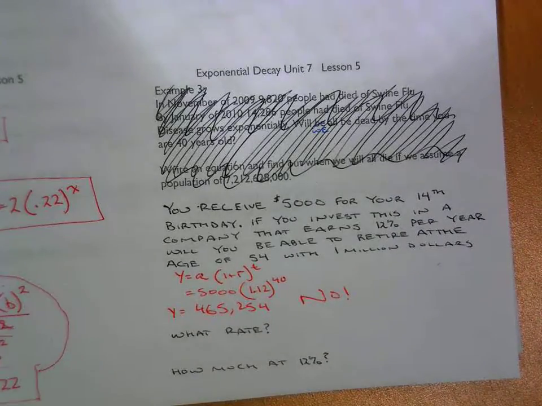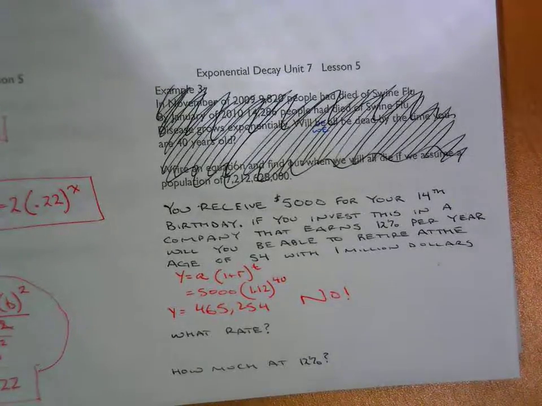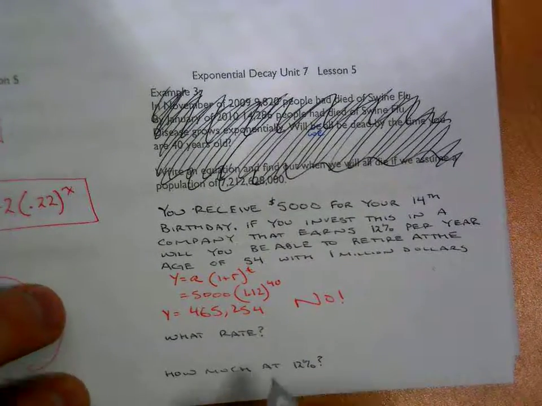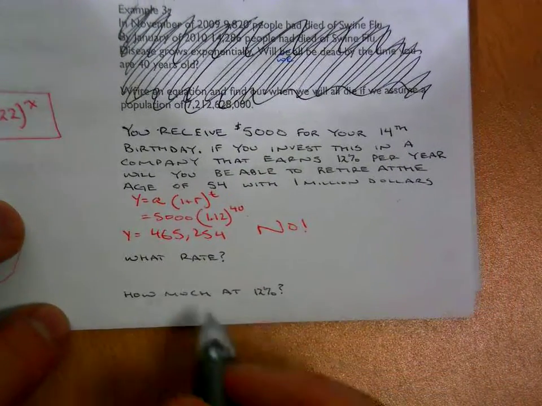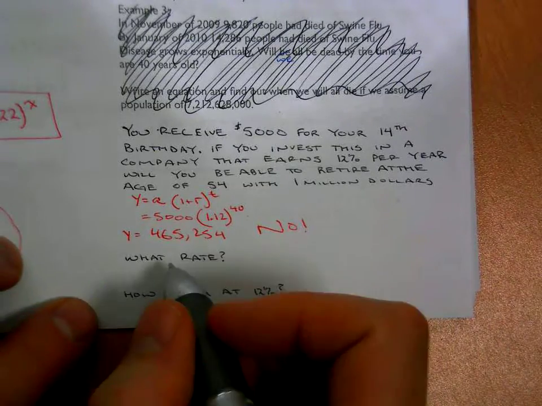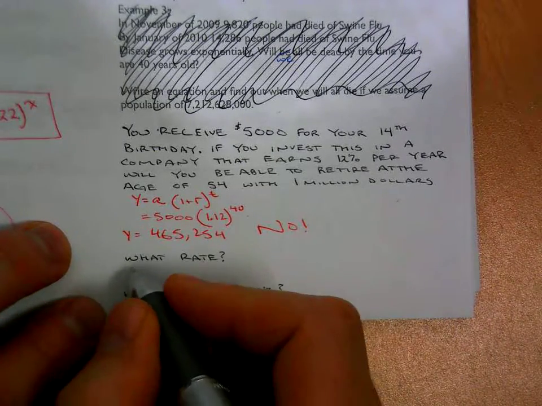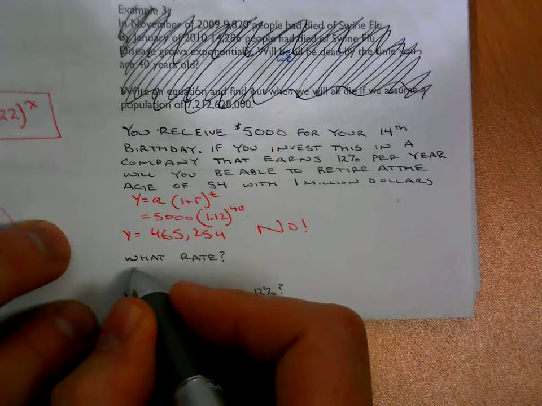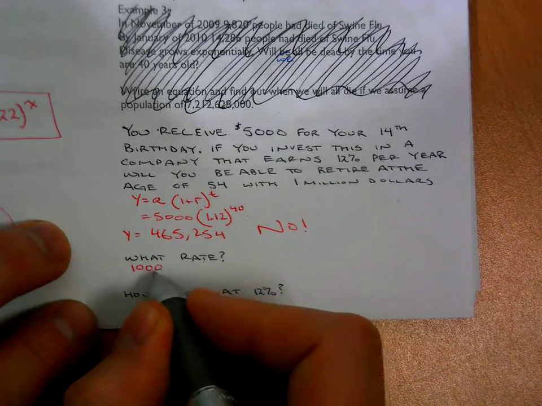So no. Now, a follow-up question here, and one of the other I can statements is solve exponential equations. This is essentially where that's going to come into play. So what rate would you need in order to get $1 million? Well, the final amount would be 1 million, so let's plug that in for y.